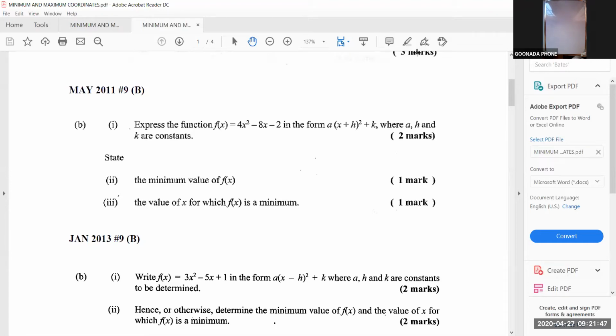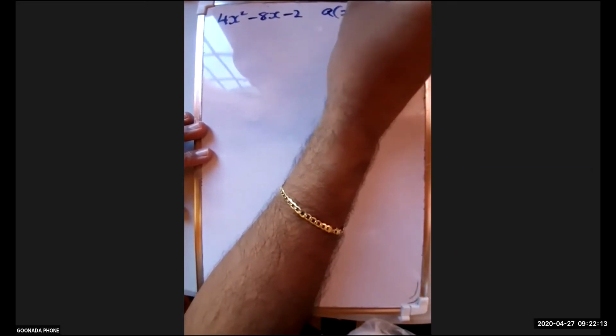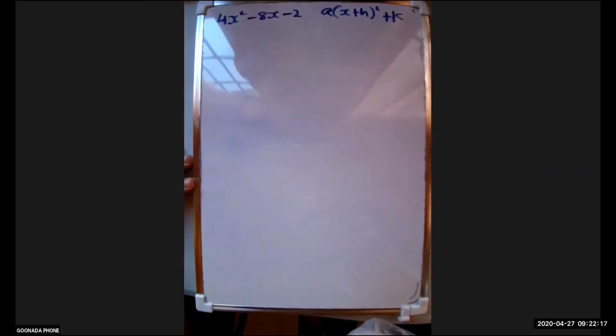Okay, so let's look at this question. I'm going to do it for you, okay? So we are given 4x squared minus 8x minus 2, and we're asked to express it in the form a into (x plus h) squared plus k, right?